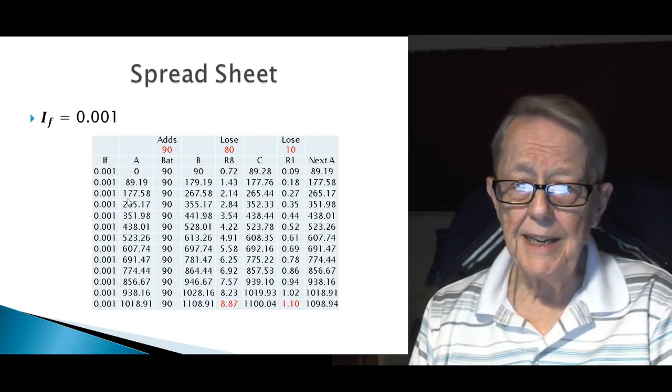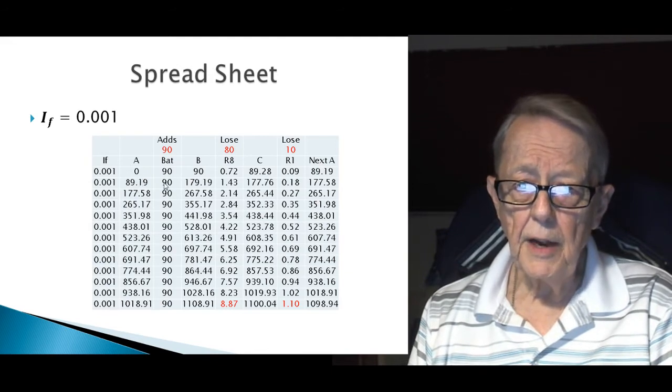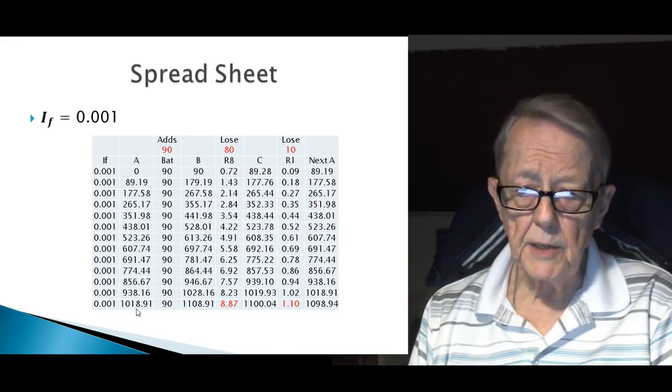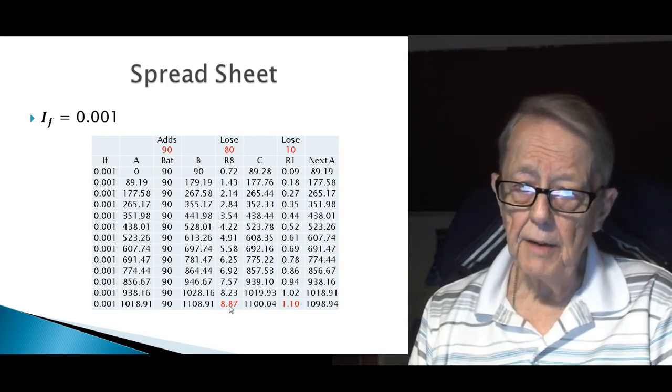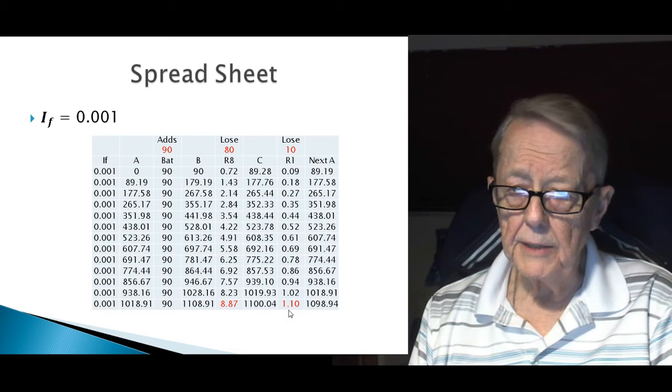And you can see that the value at point A keeps increasing. I'm all the way up to 1,000, and yet I still don't have 80 loss. I only have 8.87 loss here and 1.1 loss here.